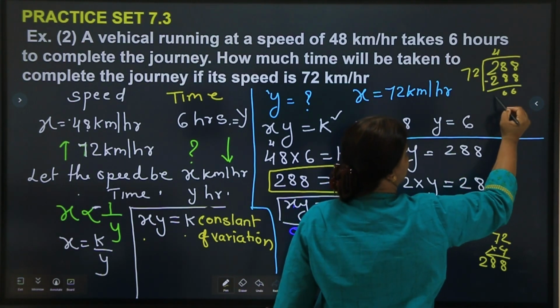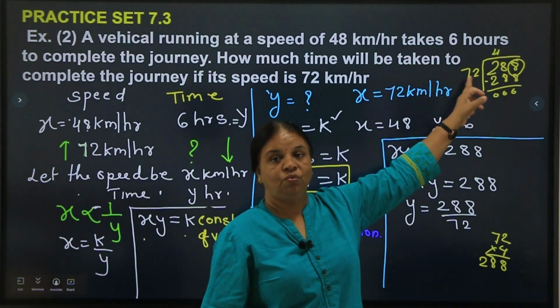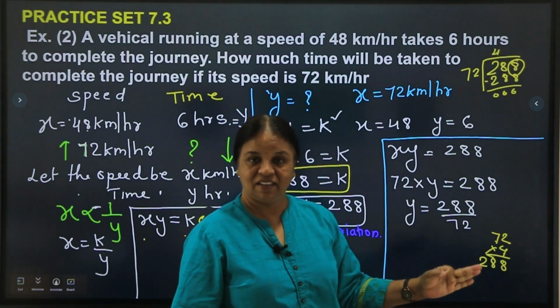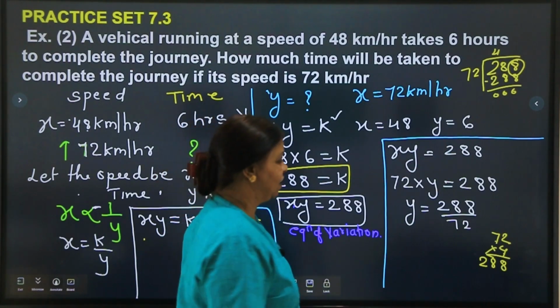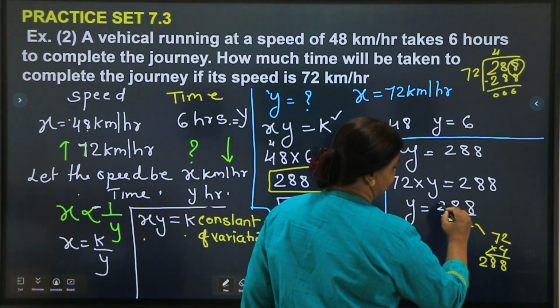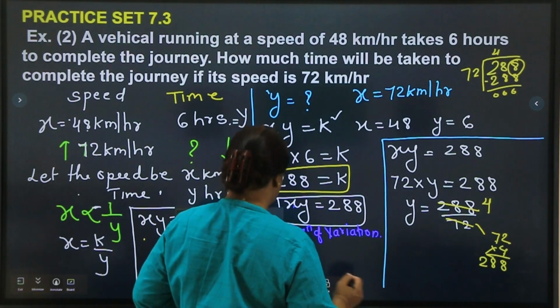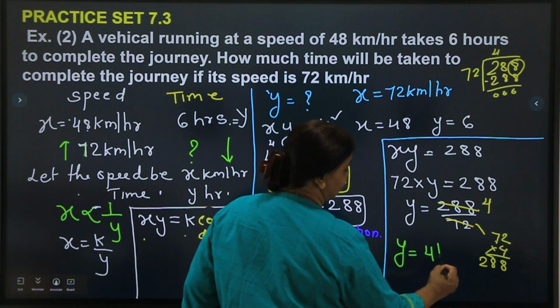Here, I saw 8 is there, and if you multiply 2 by 4 you get 8. So I multiply 72 by 4. So we got 288. So here the final answer, y is equal to 4 hours.